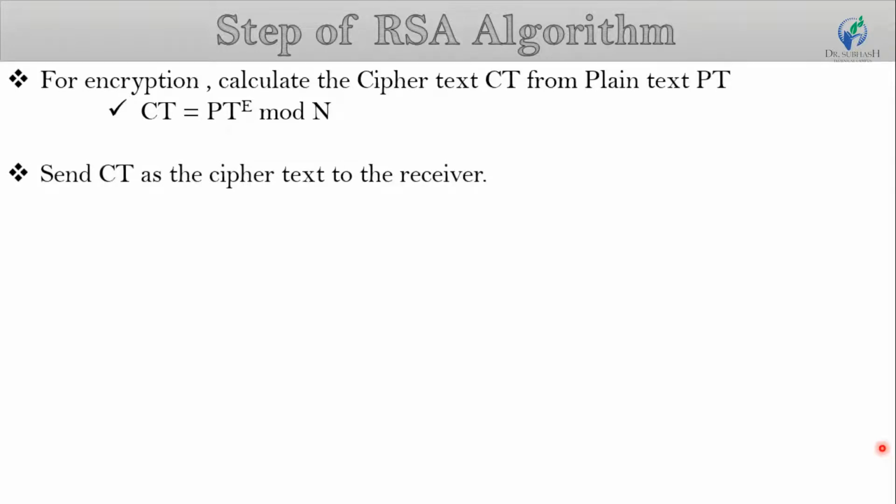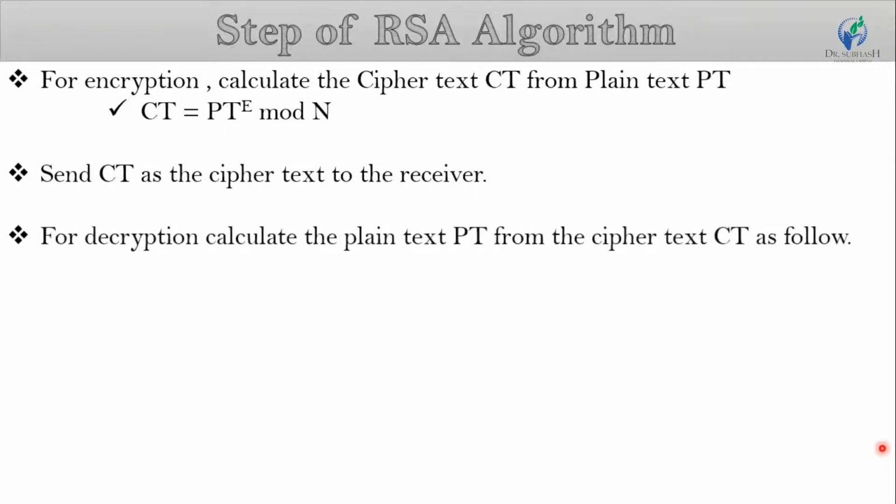Now for the decryption, we calculate the plain text PT from the ciphertext CT as follows. For that, we use this equation: PT is equal to CT raised to D mod n. Now, we will use one example for better understanding of the RSA algorithm.